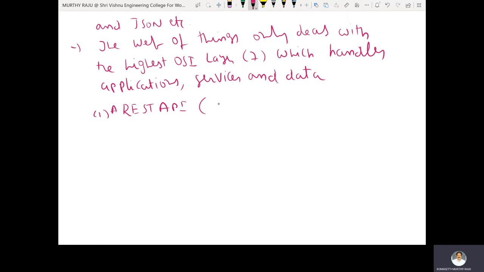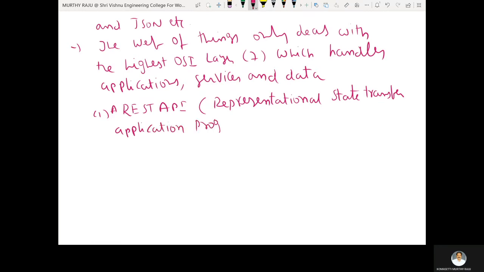A REST API would use a GET request to retrieve a record.